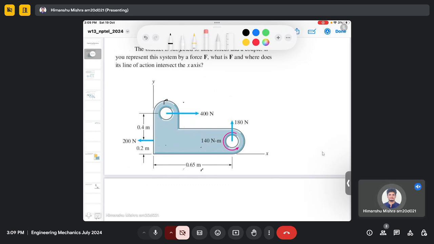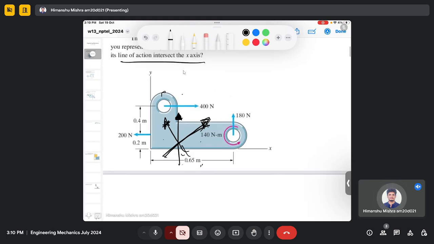So we will use the force equilibrium equations here. So let's say my force is this, or it could be this, or it could be this, right? Because the only information we have is that its line of action intersects the x-axis. So it is actually crossing the x-axis, but we don't know the direction of force.